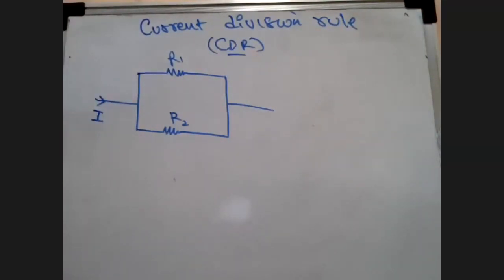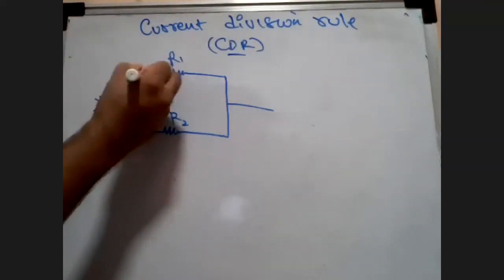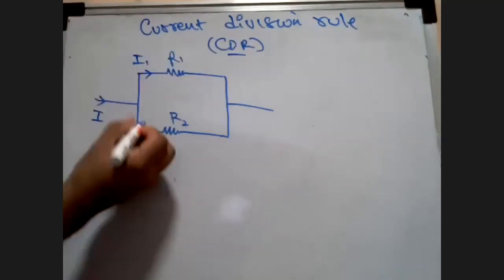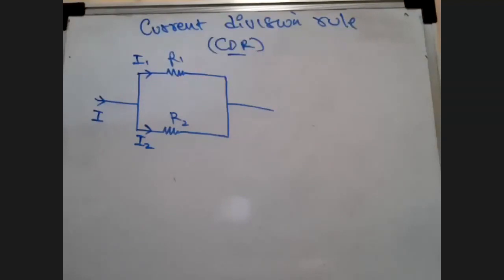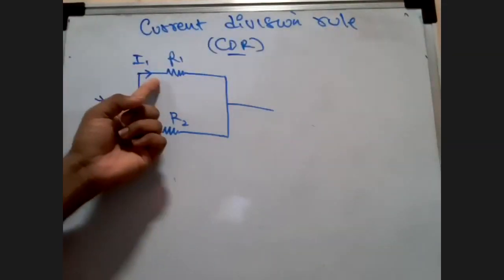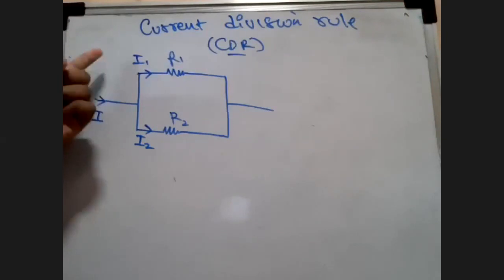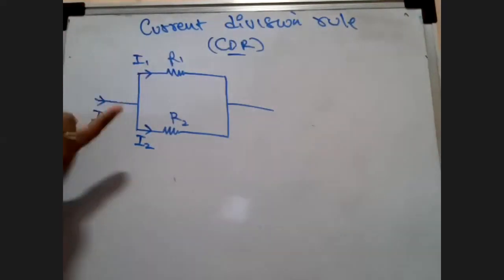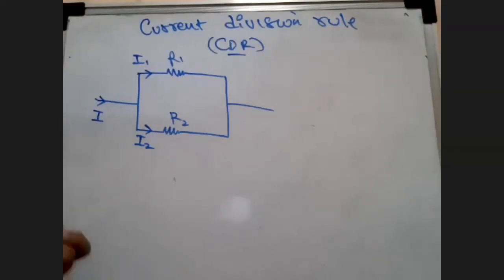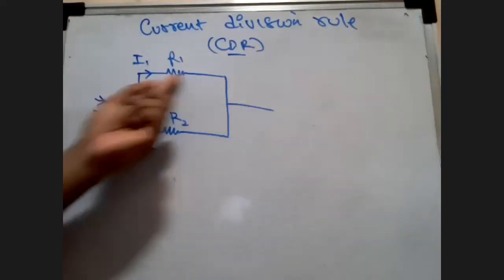But when the current comes to this branch, it is going to get distributed as I1 and I2 because it's a parallel combination. But suppose I tell you to find out specifically the current in the R1 branch. I want you to find out the magnitude of current through this resistor.